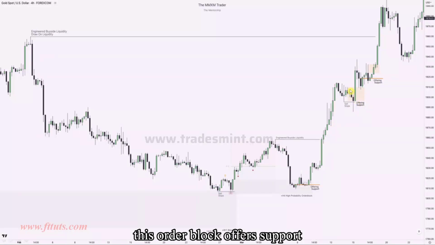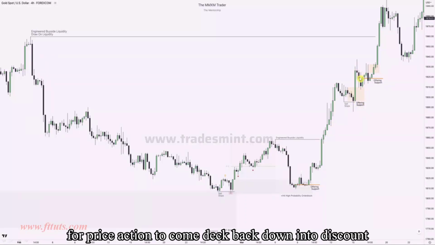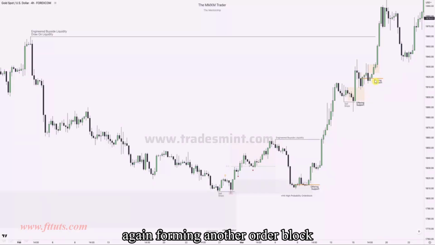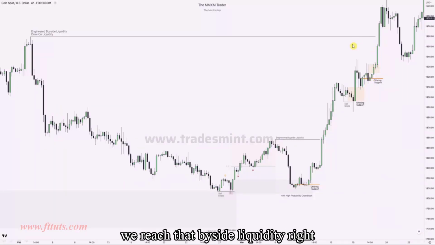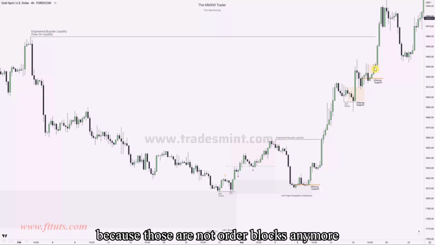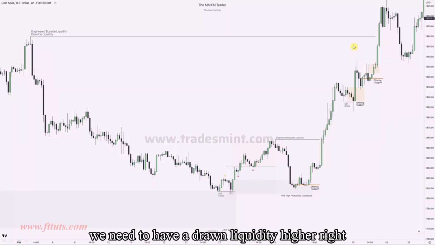This order block offers support for price action to come back down into discount, again forming another order block, and price keeps pushing down into that order block to continue up higher until we reach that buy side liquidity, right? After buy side liquidity has been taken, we have to be careful not to pick any down close candle, because those are not order blocks anymore.